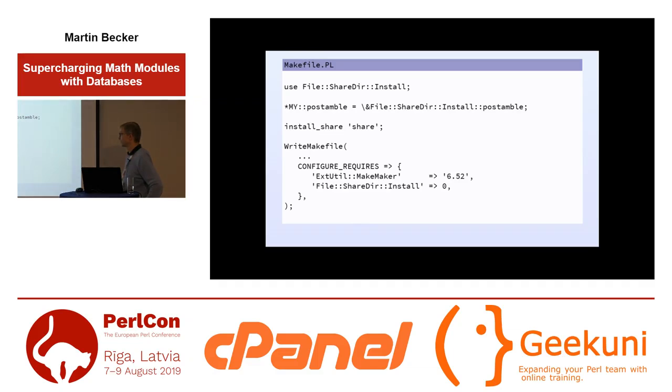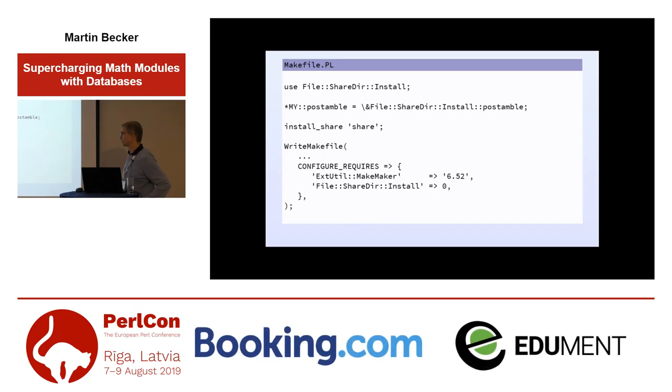And don't forget to mention it as a dependency, because in order to run your Makefile.PL, you already need to have this installed. The toolchain will do the rest for you if you correctly configure your requirements.